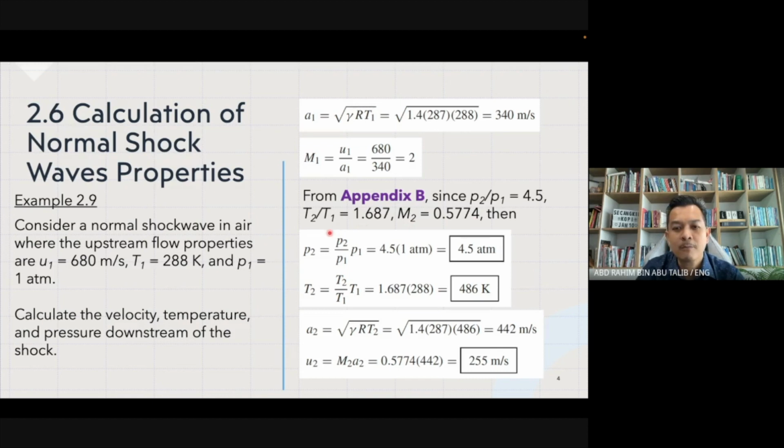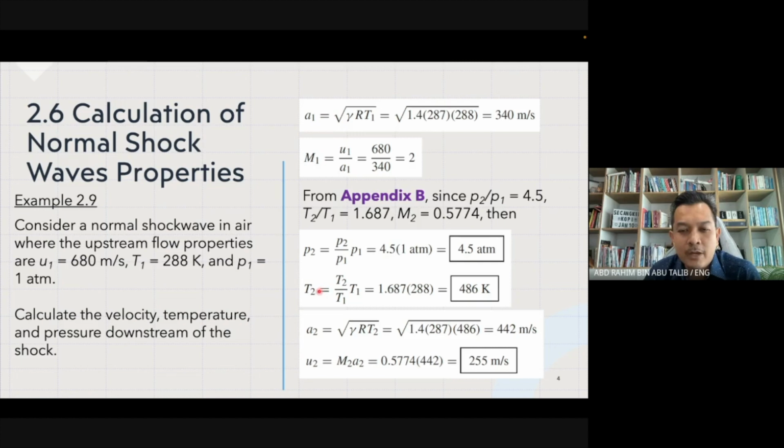From there, we will get the corresponding value of P2 because we already know the value of P1. P2 over P1 is 4.5, so you multiply by 1 atm, and you get P2 equal to 4.5 atm. It is the same as the value obtained over here.